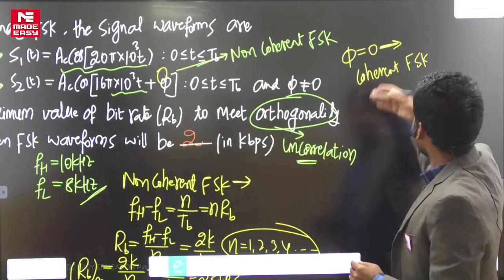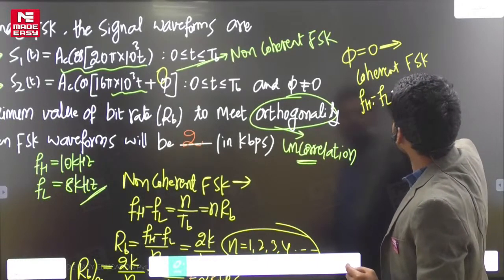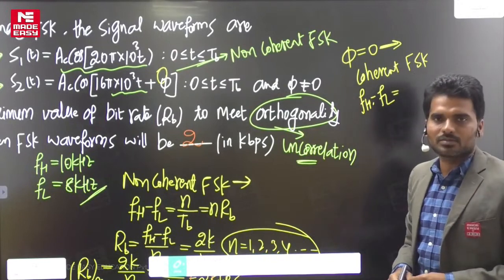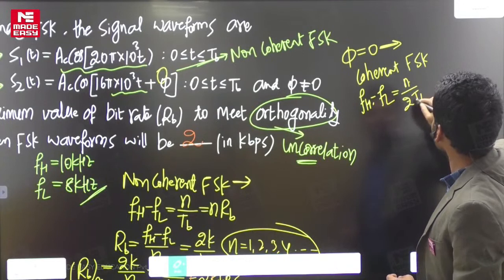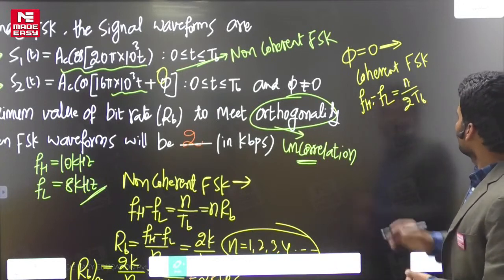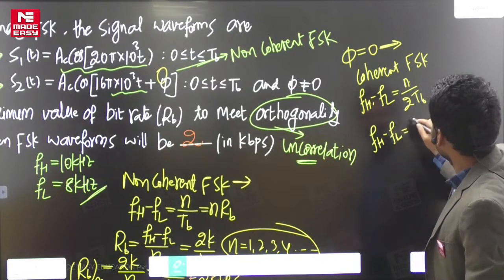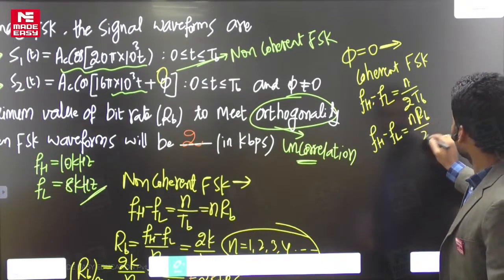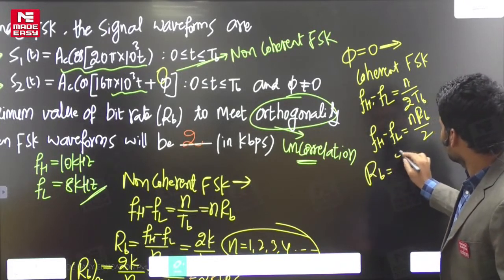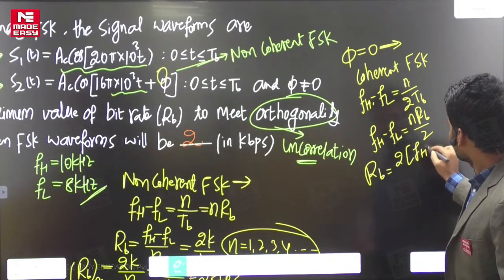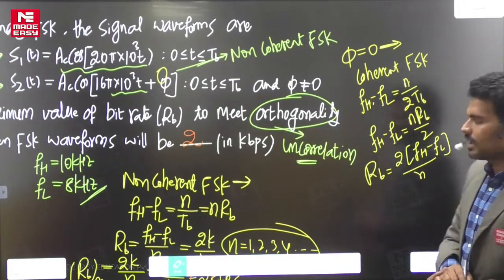And for coherent FSK, the condition to maintain orthogonality between FSK waveforms is FH minus FL is N by 2 TB. This is okay. Now FH minus FL equals N times RB by 2, then RB is equal to 2 into (FH minus FL) by N.